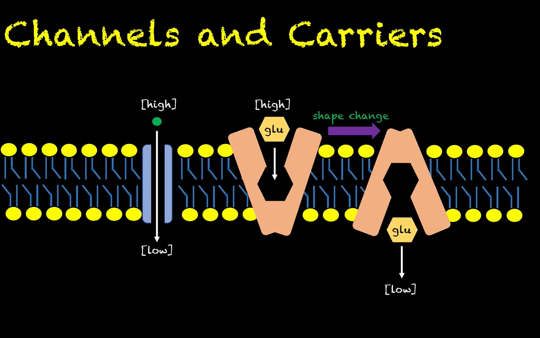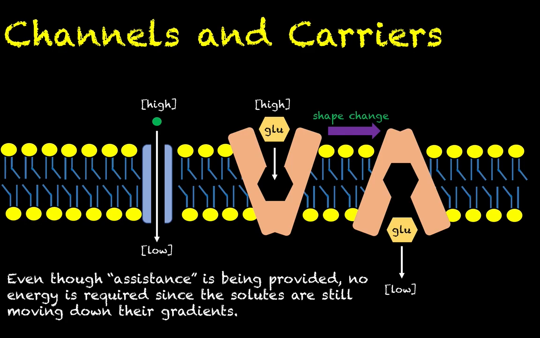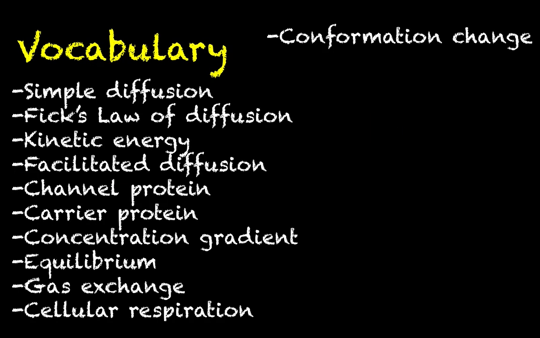The only difference here is that these molecules, when they move from high to low concentration, they just need something to facilitate their passage through, something to give them a little bit of help, whether it's the channel or the carrier. So the idea is that even though assistance is being provided here, there is still no energy input that is necessary because the solutes are still moving downhill from high to low concentration, down their concentration gradients.